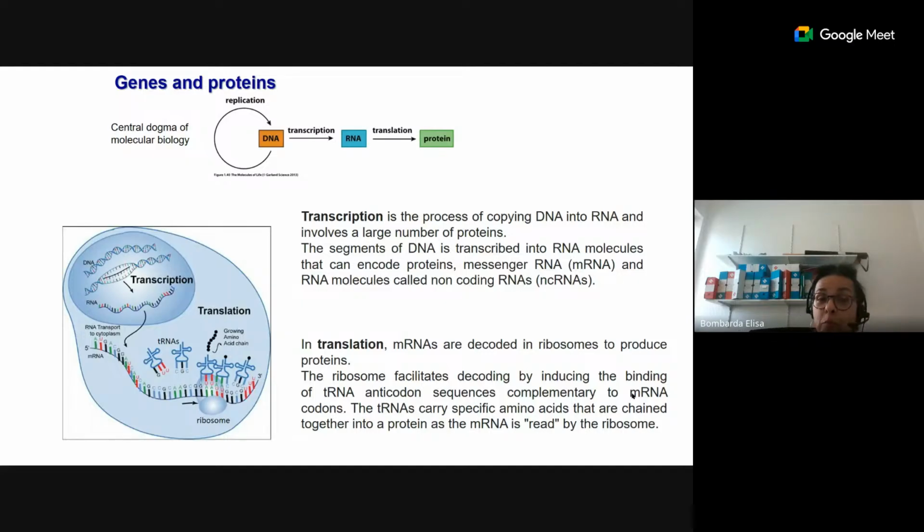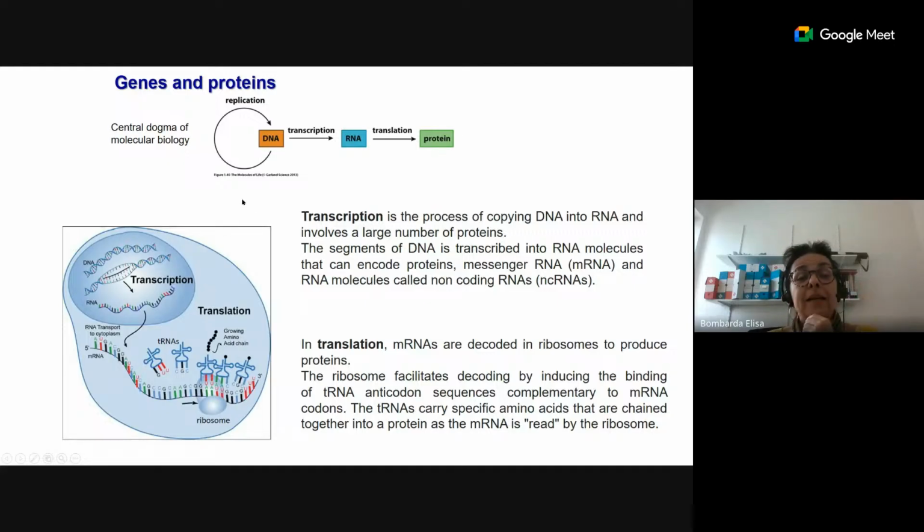molecular biology, which shows how we can synthesize a protein starting from the information provided by the DNA.